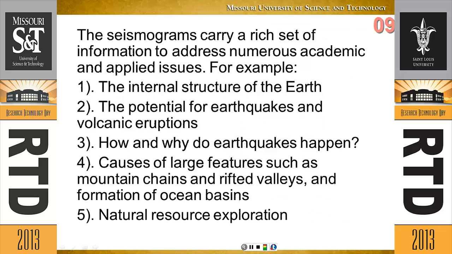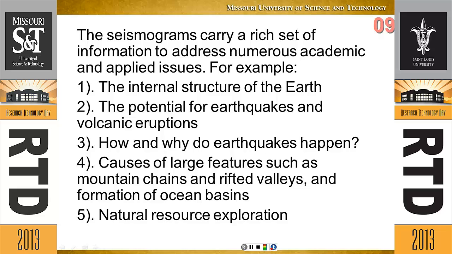So using the information carried by the seismograms, we can study the structure of the Earth, the potential for earthquakes and volcanic eruption, how and why earthquakes happen, and the cause of large features, such as why we have the Rocky Mountains there, why we have a New Madrid seismic zone in Missouri, right?